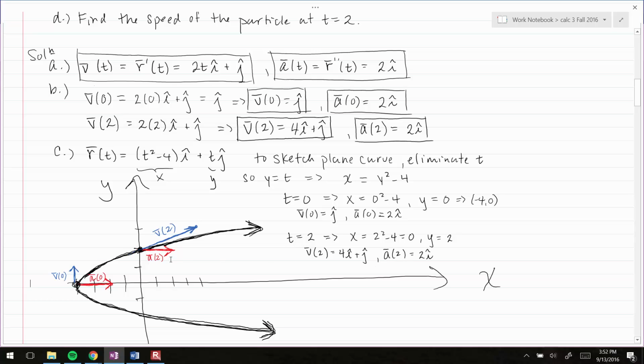So just drawing those vectors from that point, notice that the acceleration is exactly the same. And then for our velocity vector, we're going to go 4 in the positive i, or positive x direction, and then we're going up 1 in the j, or in the y direction, and then we can draw that vector in blue.